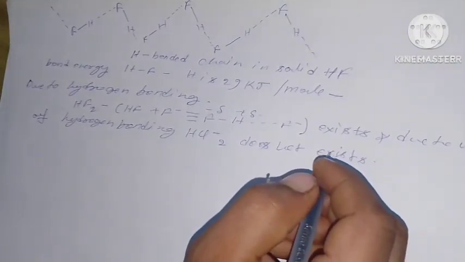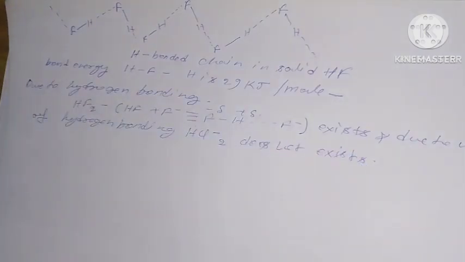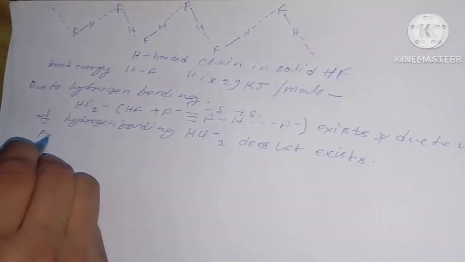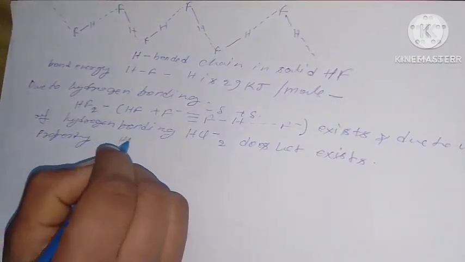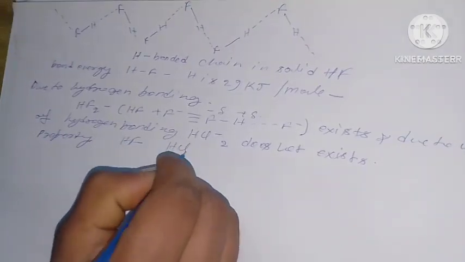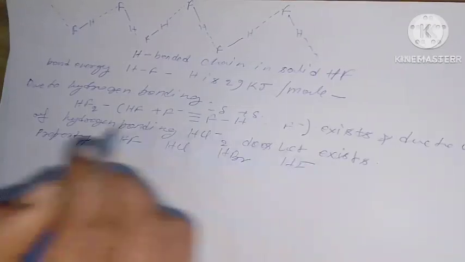Okay, the important properties of hydra acids are summarized. Property: hydrogen fluoride, hydrogen chloride, hydrogen bromide, hydrogen iodide.